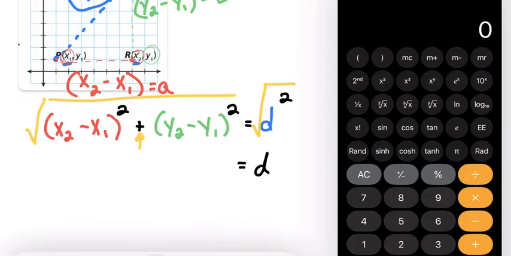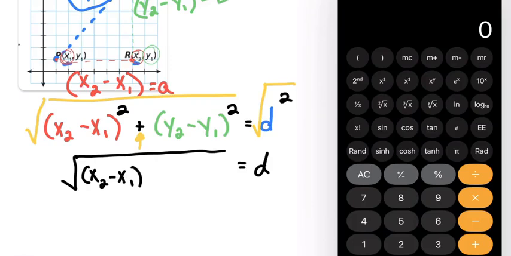So I'm sorry to say that I'm going to have to leave this side of the equation as x2 minus x1 squared plus y2 minus y1 squared. And this right here is the distance formula.